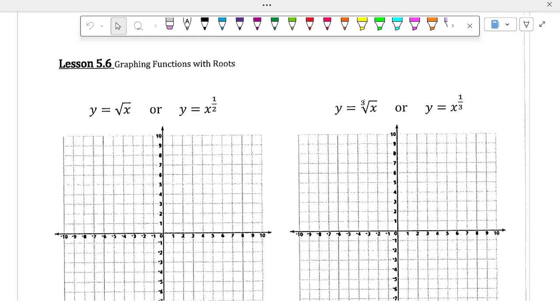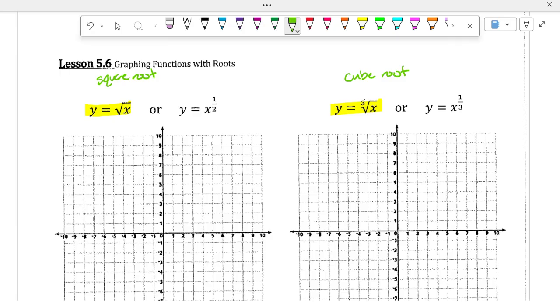All right. So, when graphing cube root or square root functions, every cube root or square root function is going to span from one of these two. Square root of x, that's obviously the square root function. Cube root of x, that's the cube root function. All square root and cube root functions stem from them.